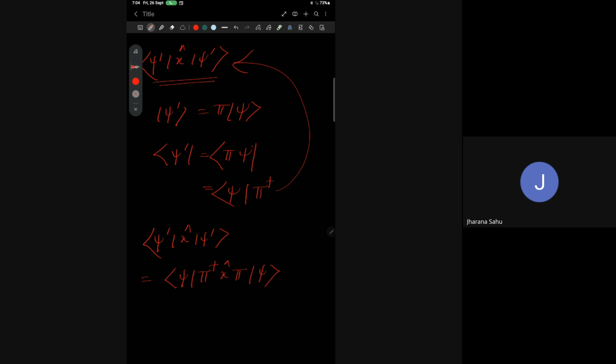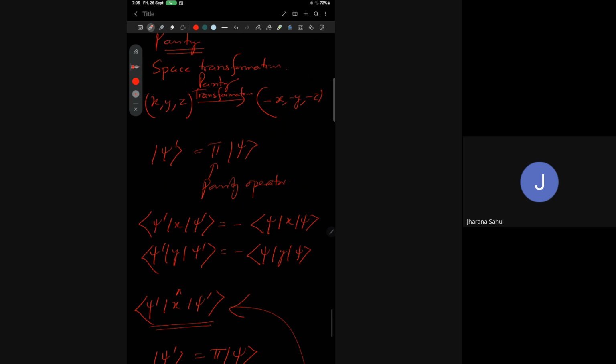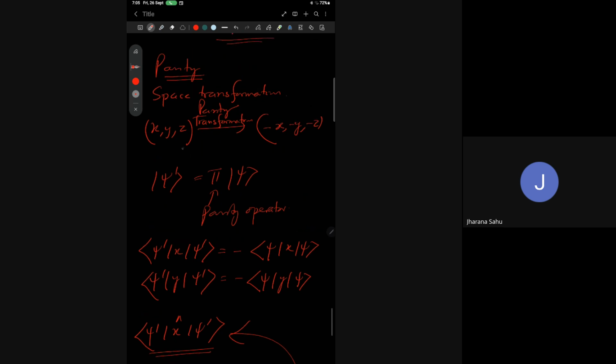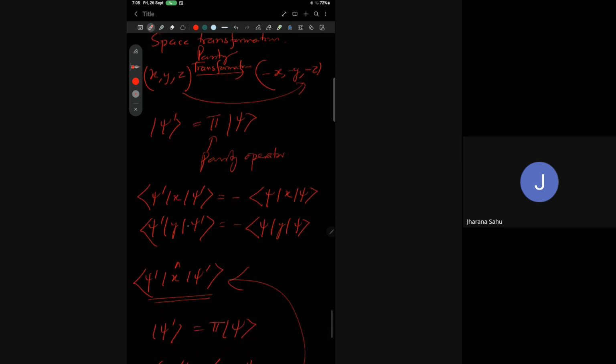Now this must be equal to minus psi x psi, right? That's what we have already defined. It will go from x, y, z to minus x, minus y, minus z, or basically x goes to minus x, y goes to minus y, and so forth.